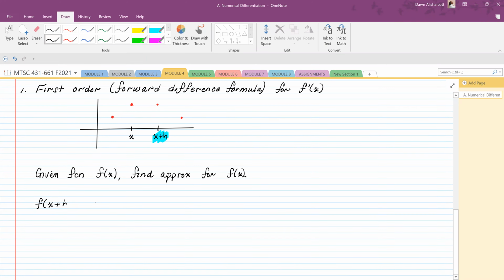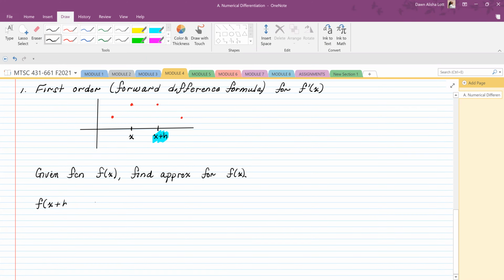So we get f at x plus h is f at x plus f prime at x times h plus f double prime at x times h squared over 2 factorial plus the triple derivative of x times h cubed over 3 factorial plus dot, dot, dot.